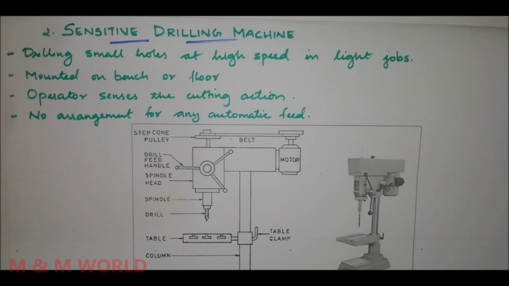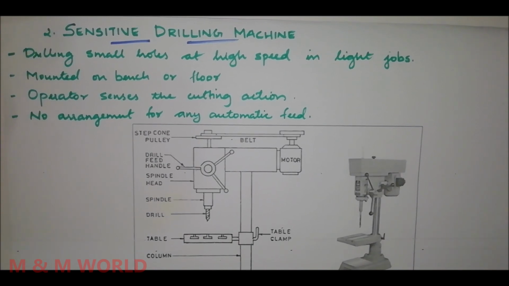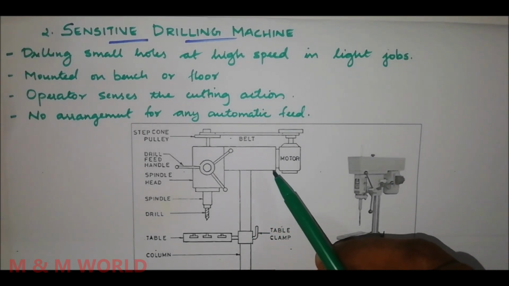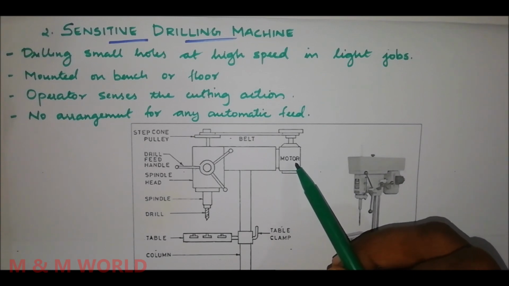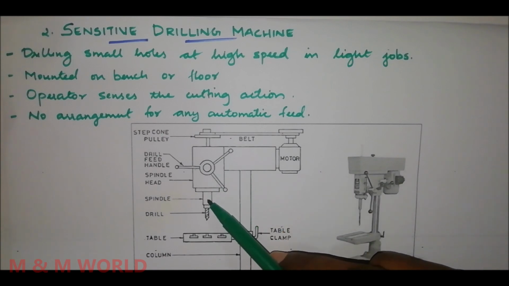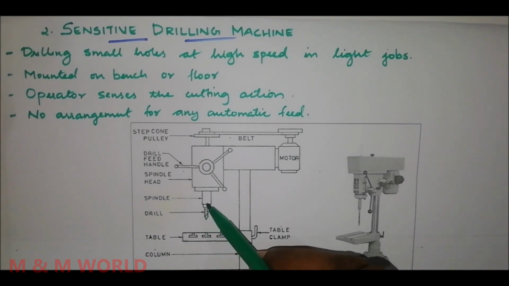The base of the machine may be mounted on a bench or on the floor, and it consists of a horizontal table, a vertical column, a head supporting the motor and a driving mechanism, and a vertical spindle. This vertical spindle is used for driving and rotating the drill.